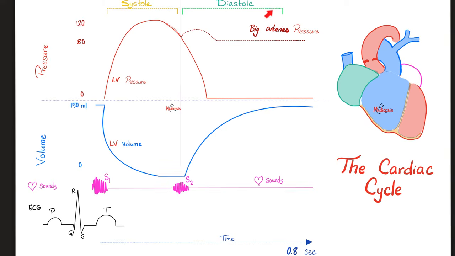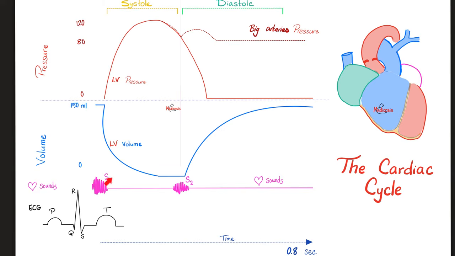But if you're talking about big arteries like the aorta, radial artery, brachial artery, etc., they go to 120 during systole and 80 instead of 0 during diastole, thanks to their elastic recoil. Remember, arteries are more elastic, veins are more compliant, relatively speaking. And here is the volume decreasing during systole, increasing during diastole. It's the volume of the ventricle.